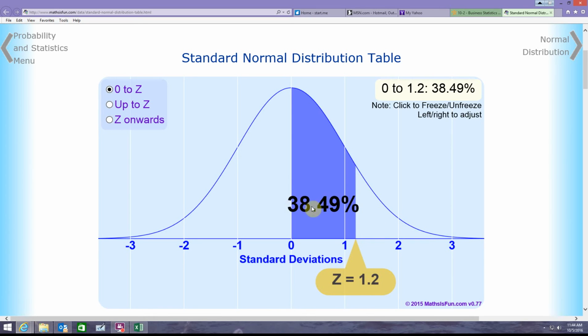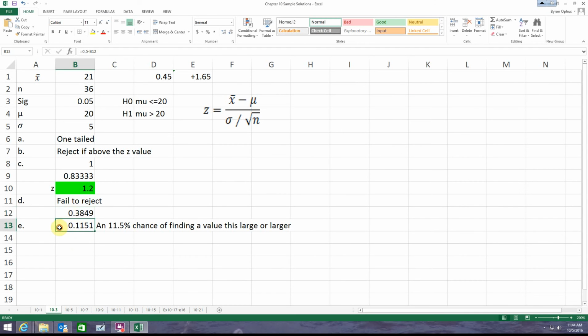So it's just 0.5 minus this, pretty simple math. Equal to 0.5 minus my 38.49%, and I got an 11.5% chance of finding a value that is larger than 20. I think I got this written wrong because I'm saying large or larger, but it's greater than, so I would say just larger. 11.5% chance of finding a value larger than that.